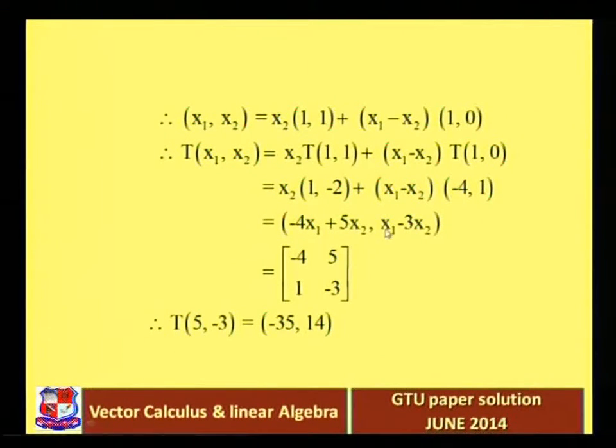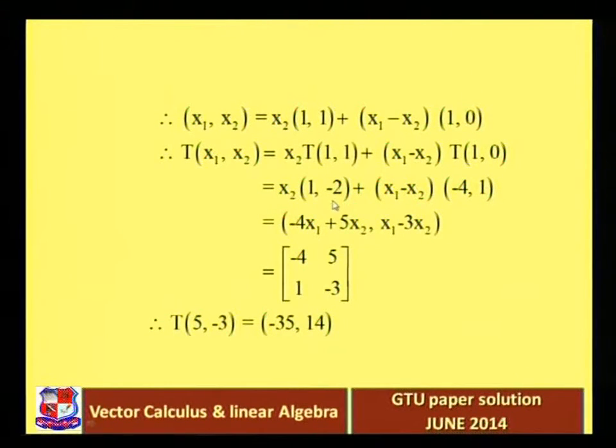So the first coordinate is x2 minus 4 x1 plus 4 x2, so finally you will get minus 4 x1 plus 5 x2. Okay, x2 plus 4 x2 is 5 x2.